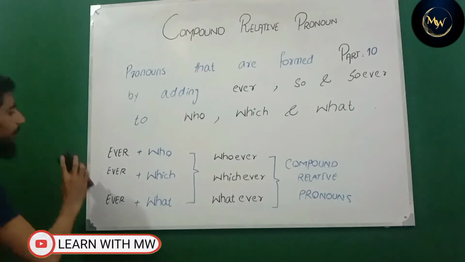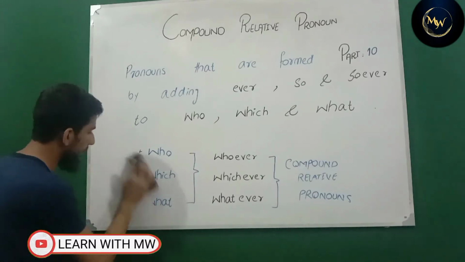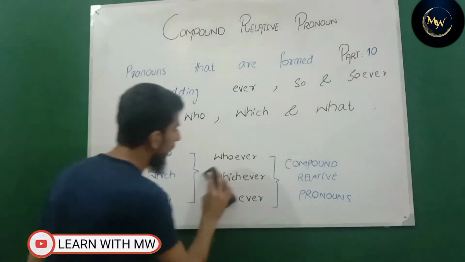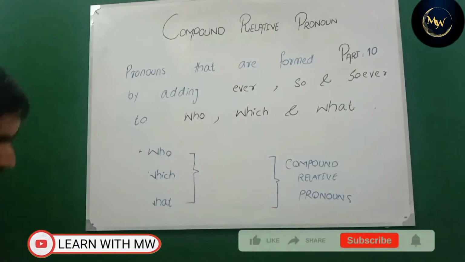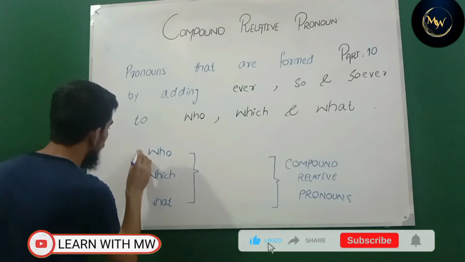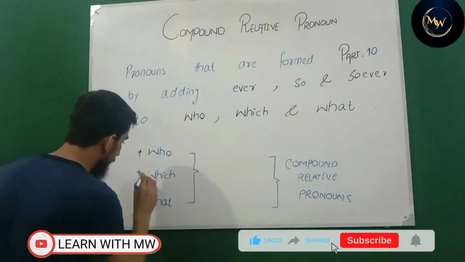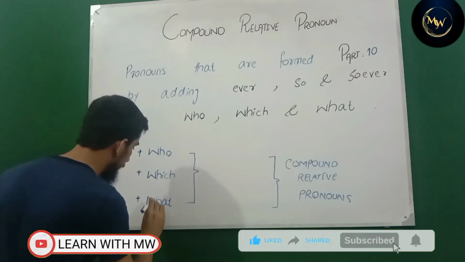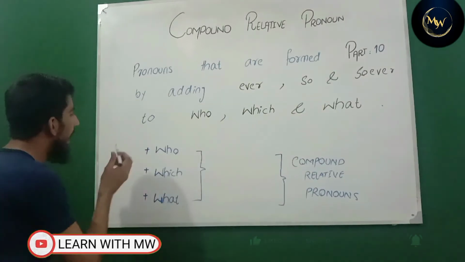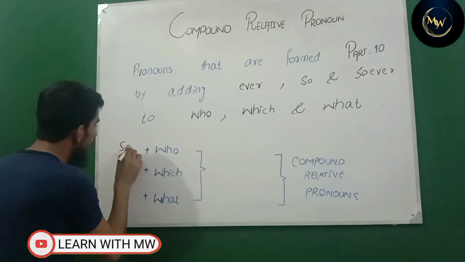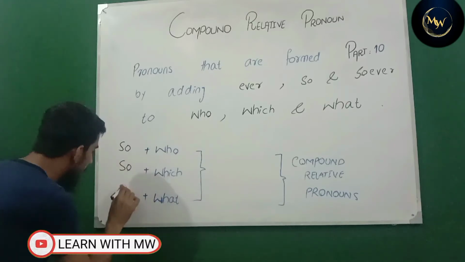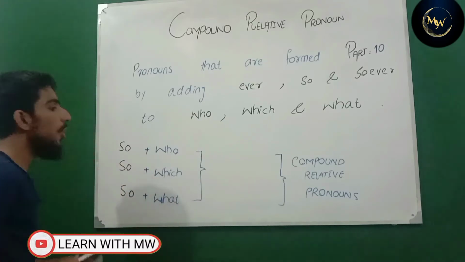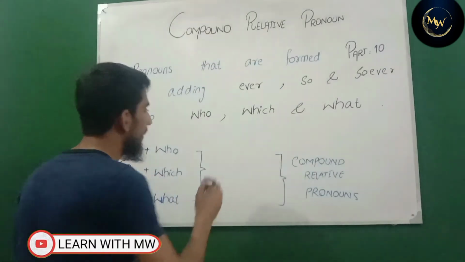Now I want to write another technique. So look, this is which and this is what. So if I add the word so to the relative pronoun who, to which, and to what, what do we get? We get compound relative pronouns.